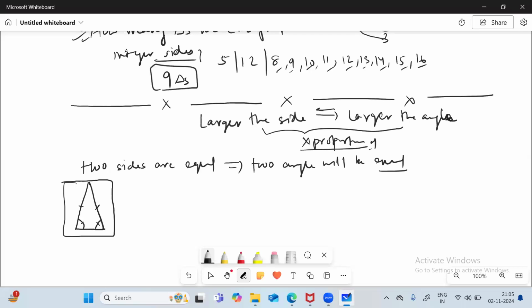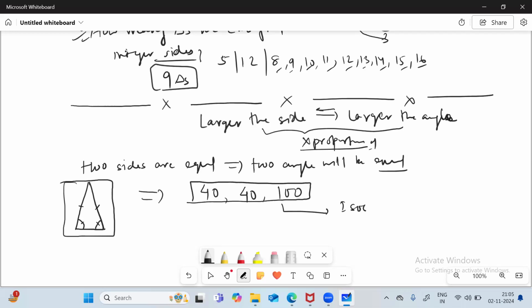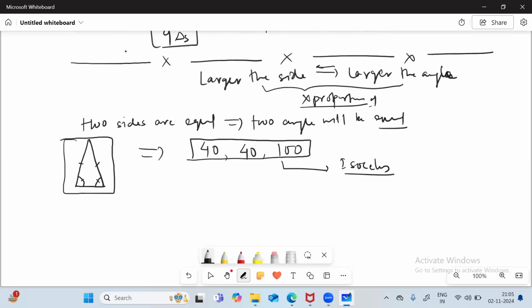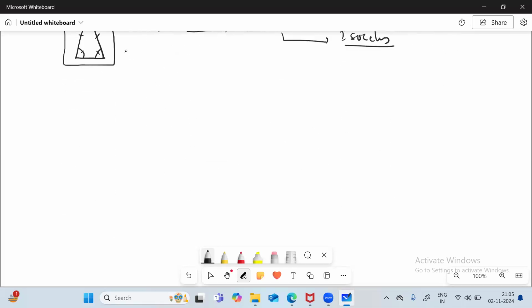So if there is a triangle whose angles are 40, 40, 100, you can say that this particular triangle is an isosceles triangle.